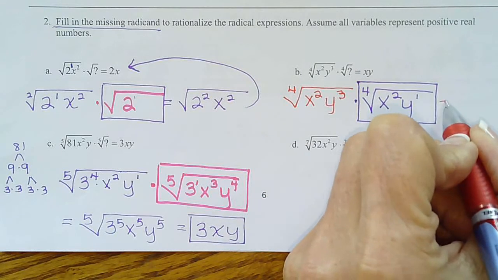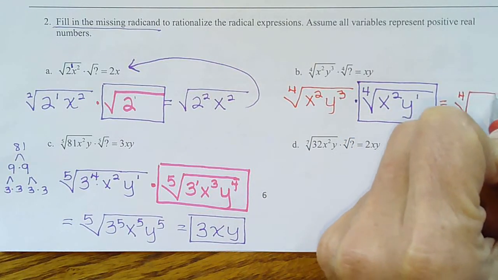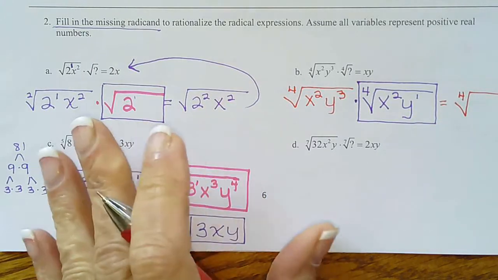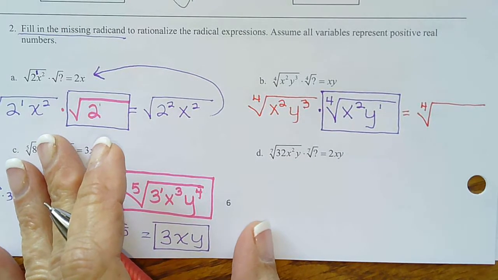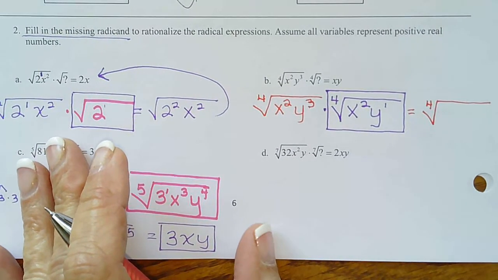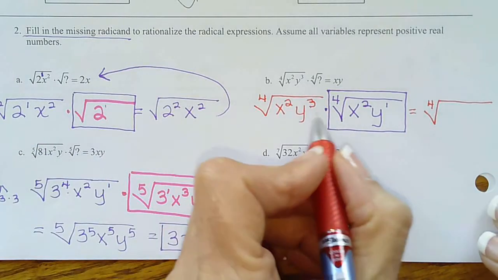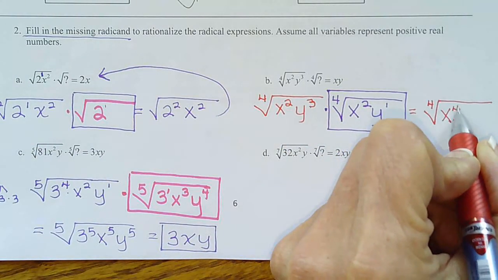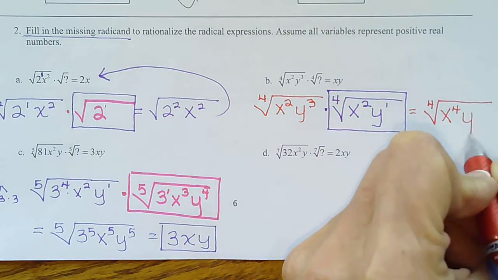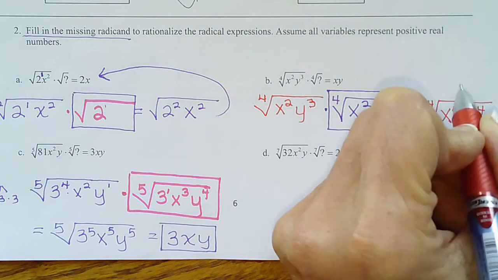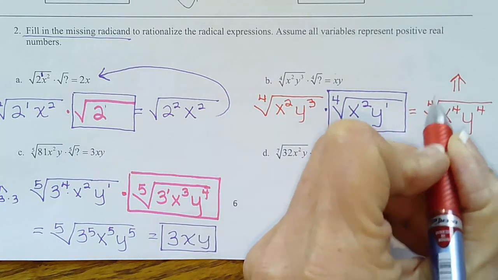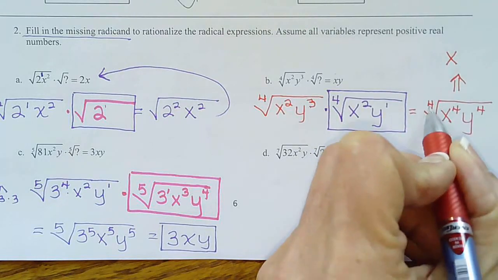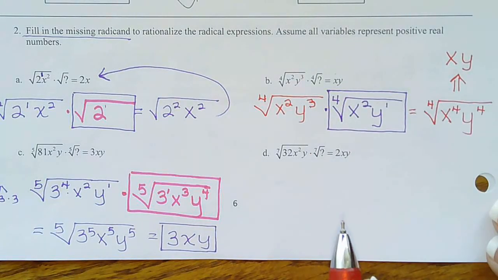So now multiplying those, we'll get the 4th root of x to the 4th, y to the 3 plus 1, 4, which gives us our check of 4 divided by 4, x to the 1st, 4 divided by 4, y to the 1st, outside the radical. And that's what we needed to end up with.